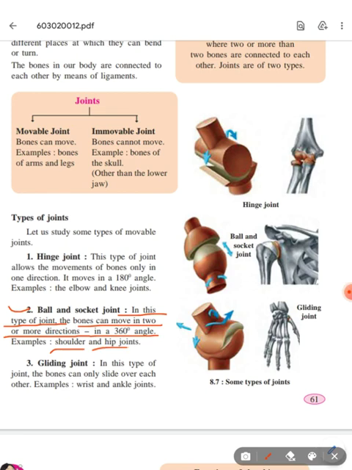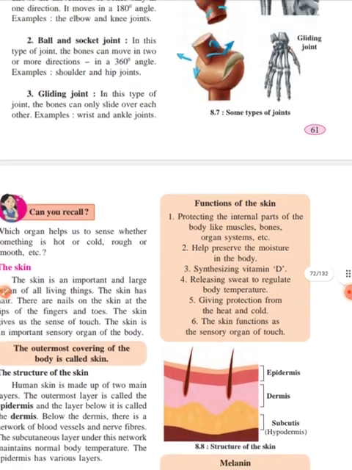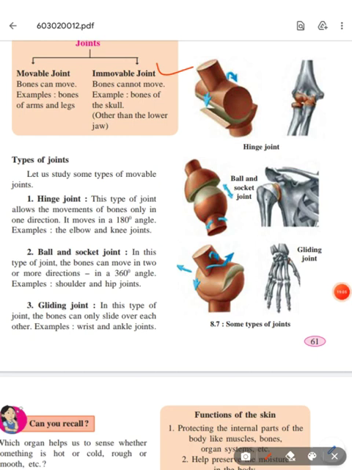Example, shoulder and hip joints. Okay, these are the three types of joints. The main types are movable and immovable, and the other types are hinge joint, ball and socket joint, and gliding joint.